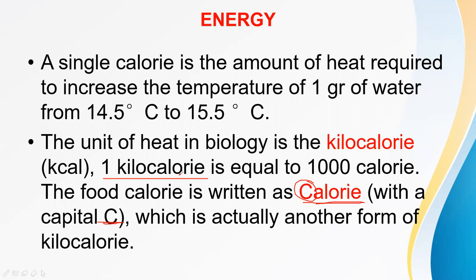1 kilocalorie. You have to remember 1 kilocalorie is equal to 1000 normal calories. So here we are using both words, 1 kilocalorie or the word Calorie with the big capital letter C, food calorie. 1 kilocalorie is equal to 1000 calories.